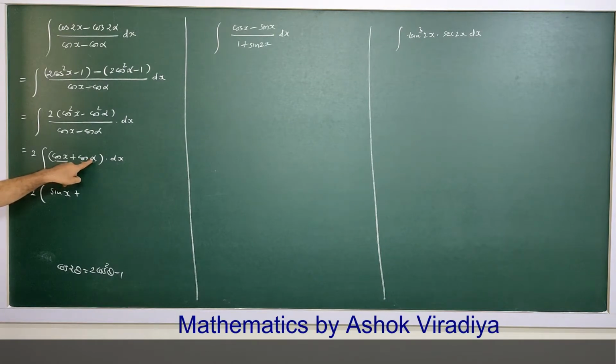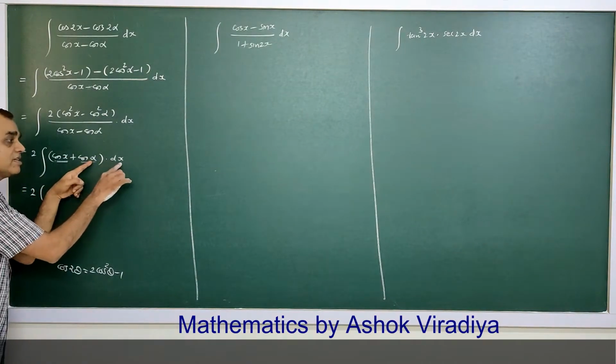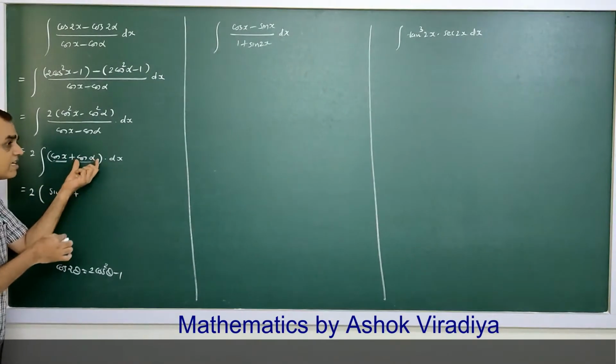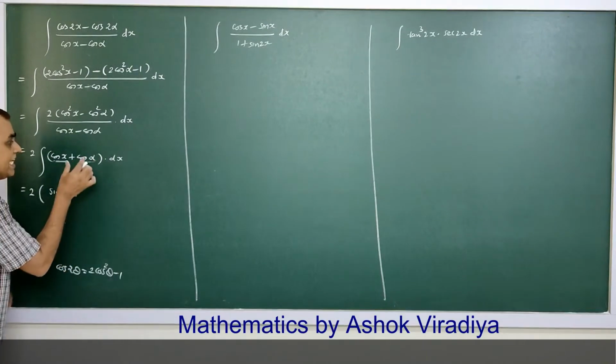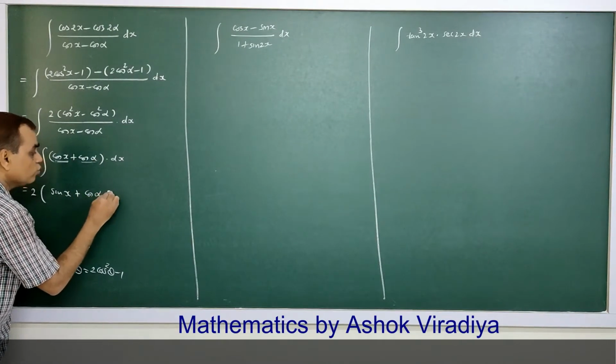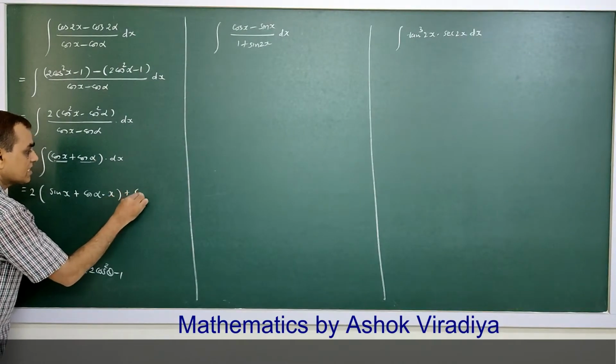If here is x, then its integral with respect to x, we should keep sin x, but this is alpha and variable is x, so this is constant, so it is like a k. So integral of k is k into x plus c.